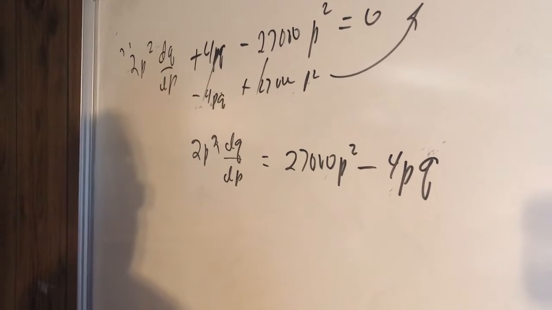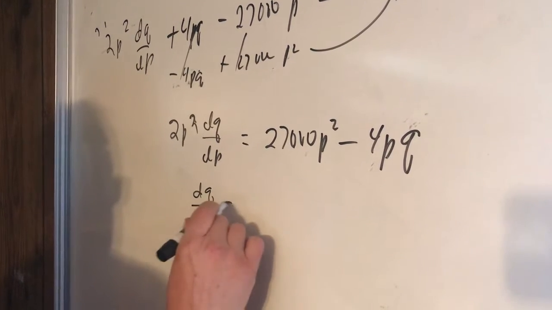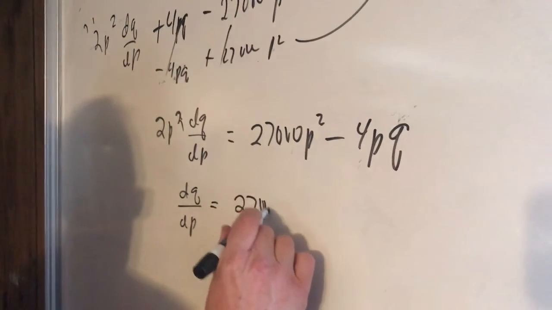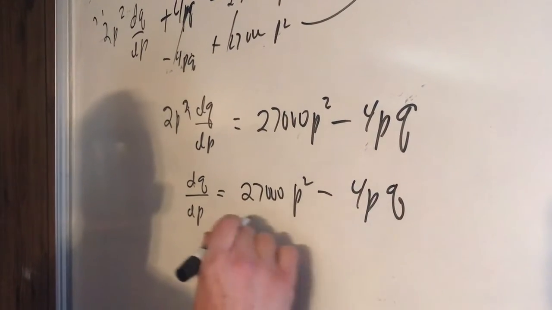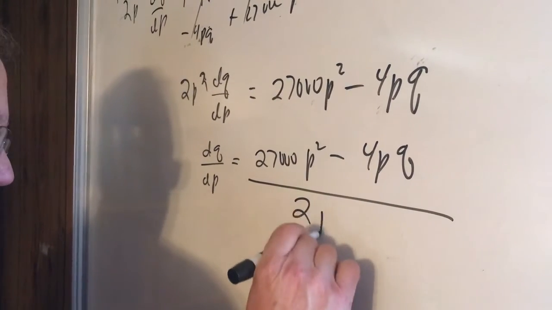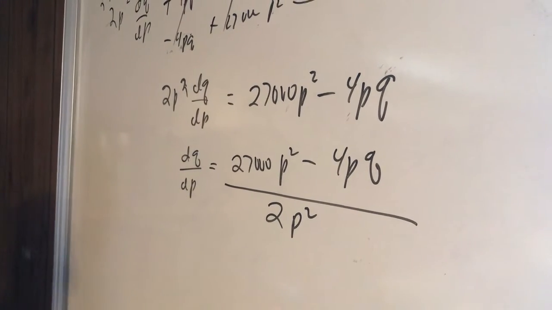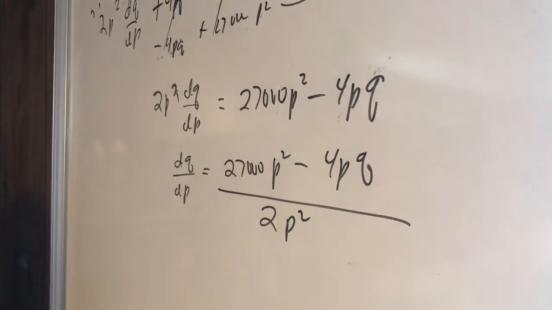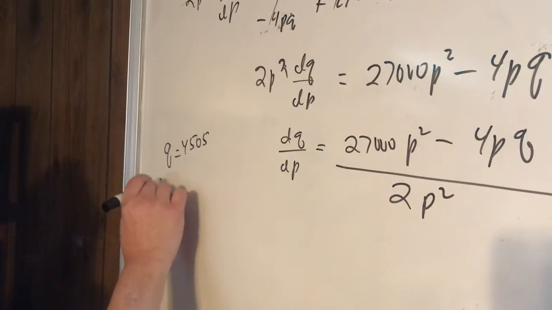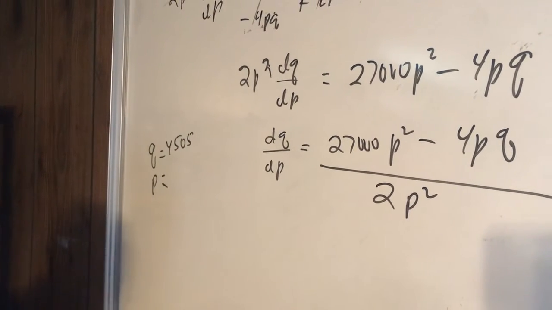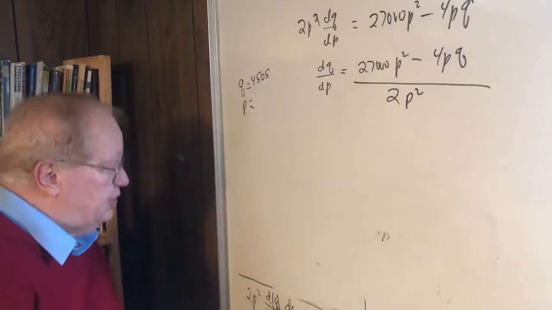Okay, let's solve for dq/dp. It's 27,000 p squared minus 4pq divided by 2p squared. Now, what do we know about q? We had from before q equals 4502, and p was equal, let's go back to the original one because I forgot what they were, to 50.